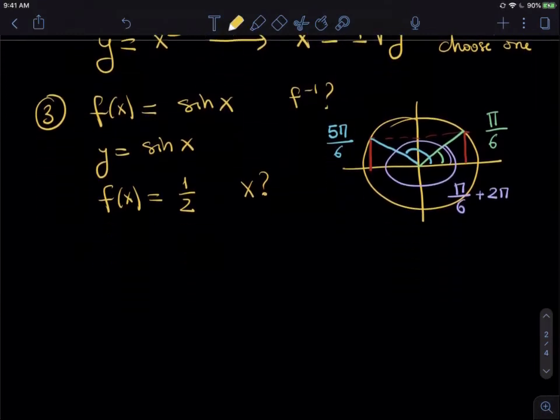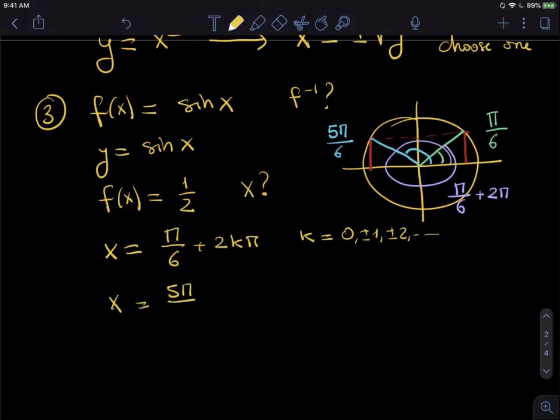What we find here is that actually there are so many possible inputs that give the output 1/2. There is the pi over 6 that we found, plus any number of full turns. Okay, you can go forward or backwards. So this is 0, plus or minus 1, plus or minus 2, and so on. Or you could also take 5 pi over 6 plus 2k pi.